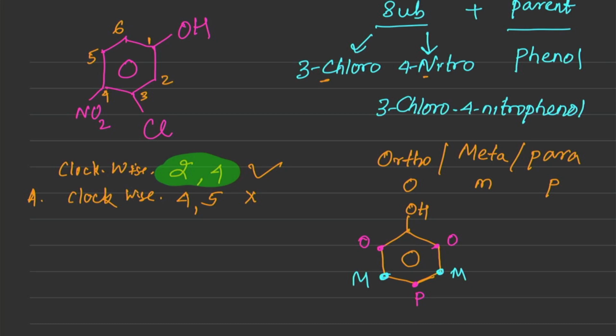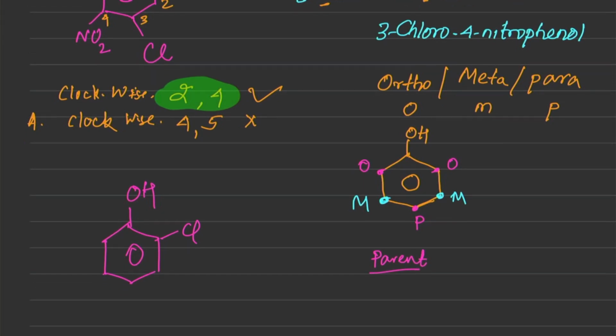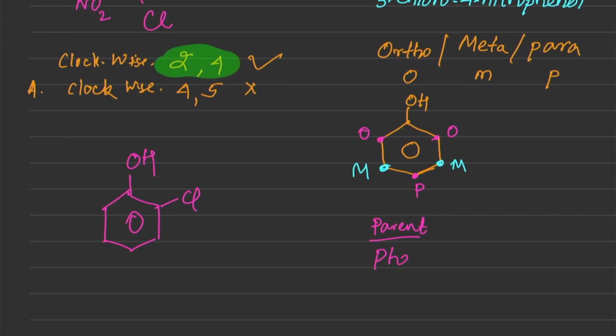So there is another way to write this. Maybe I will give you one example and I'll finish the video. In this case, the parent is still phenol. The substituent is chloro.